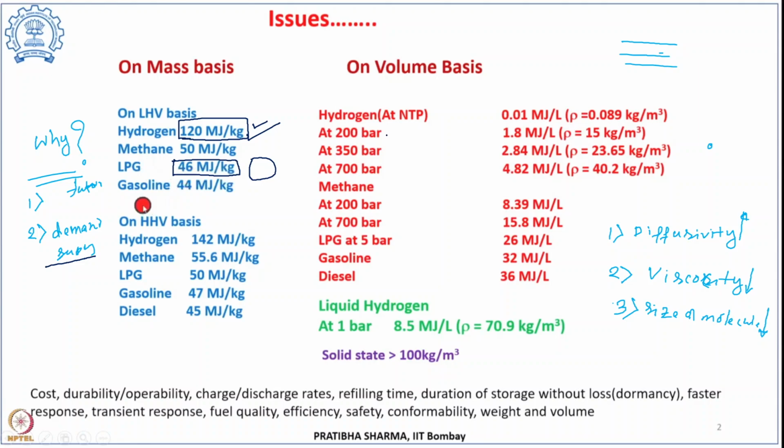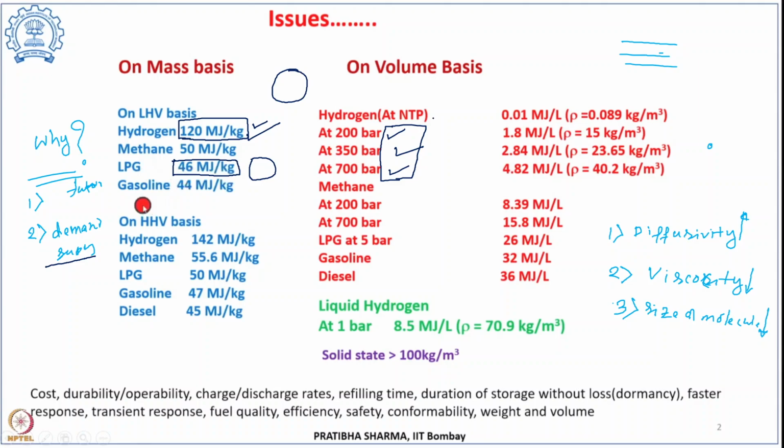We need compression at 200 bar, 350 bar, 700 bar. We have to store the hydrogen at very high pressure, such that it will take a very small container or small volume for storing 1 kg of hydrogen.